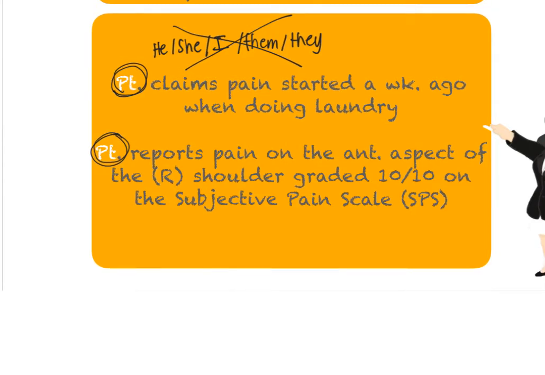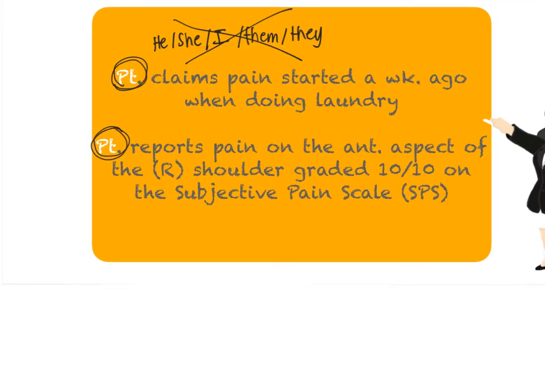Now, to avoid writing patient all the time at the beginning of each sentence, you may want to write it this way. Patient claims pain started a week ago when doing laundry.